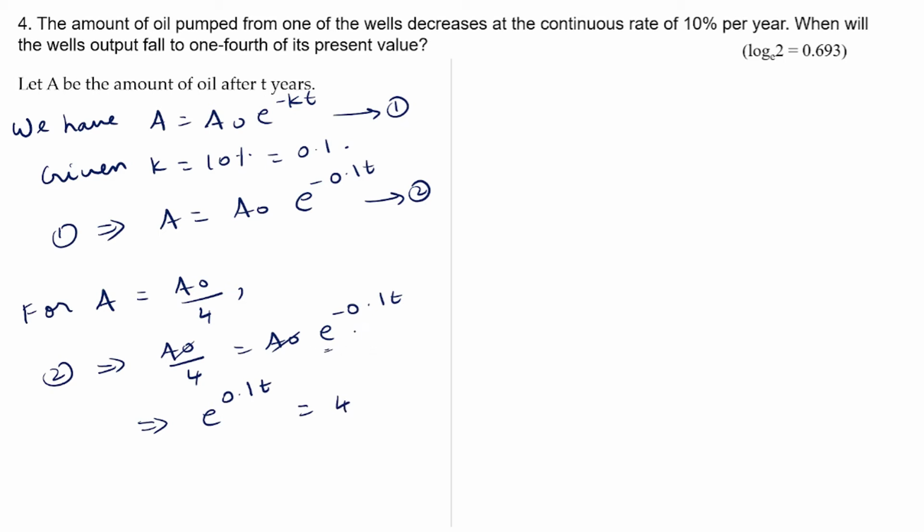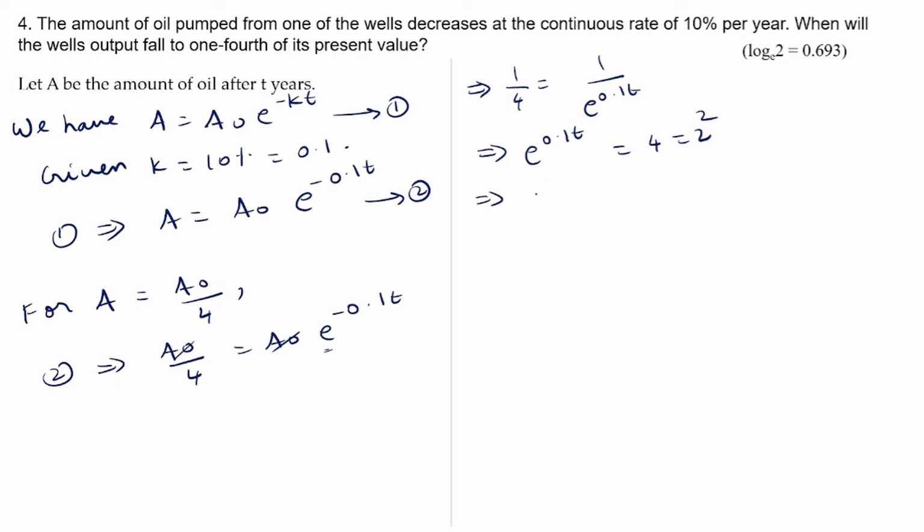This e raised to minus 0.1 t is nothing but 1 by 4 equal to 1 by e raised to 0.1 t. So if we cross multiply, we get e raised to 0.1 t equal to 4. This 4 is 2 square.